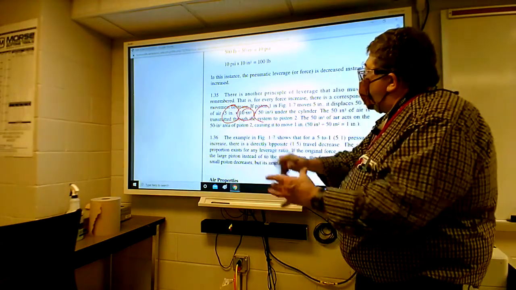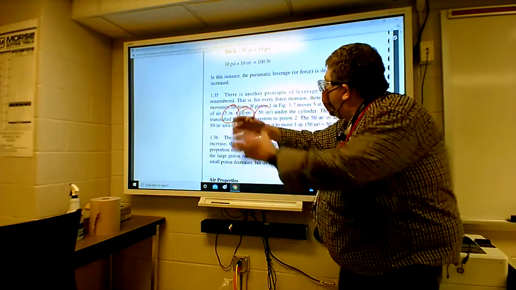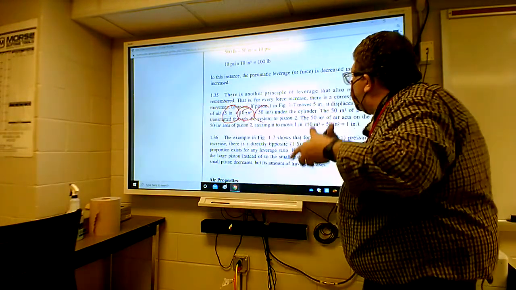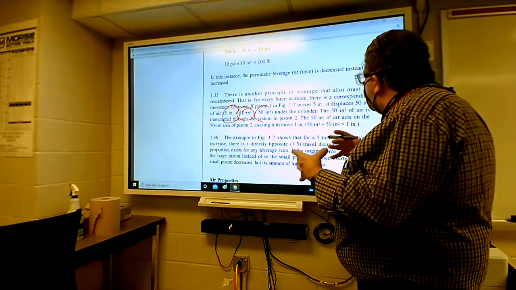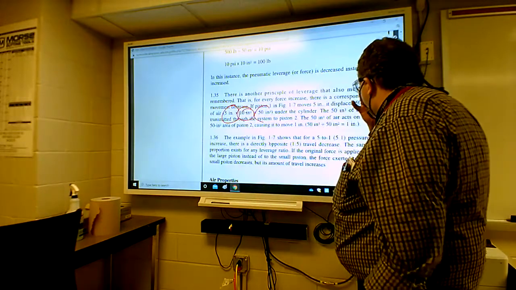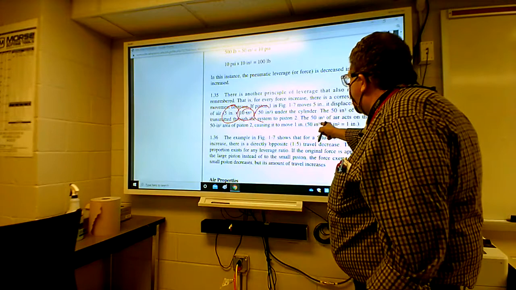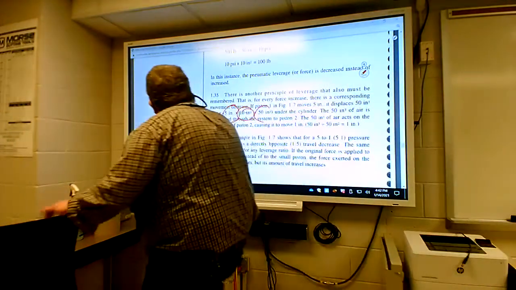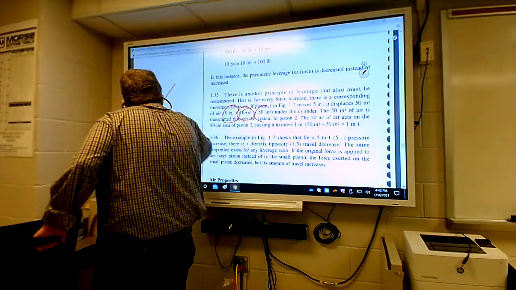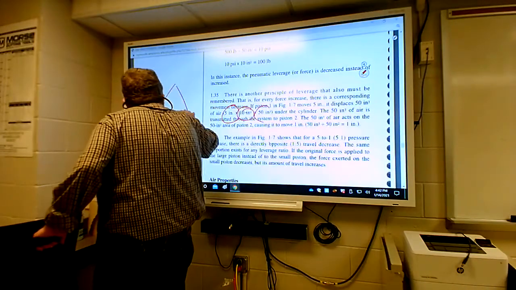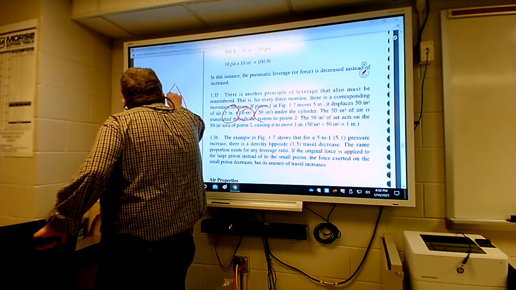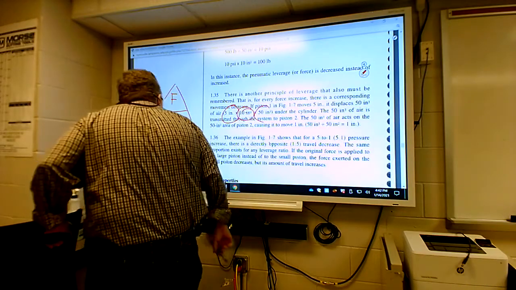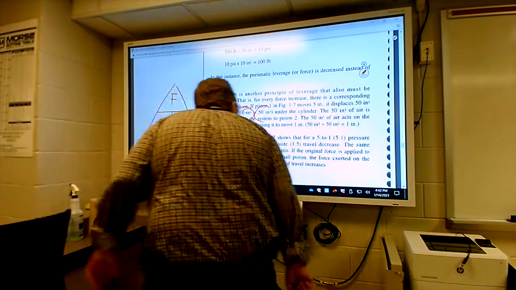So when you get 50 cubic inches of air in the vessel coming around to a piston that is 50 square inches, then they're dividing. No, we're doing distance now.